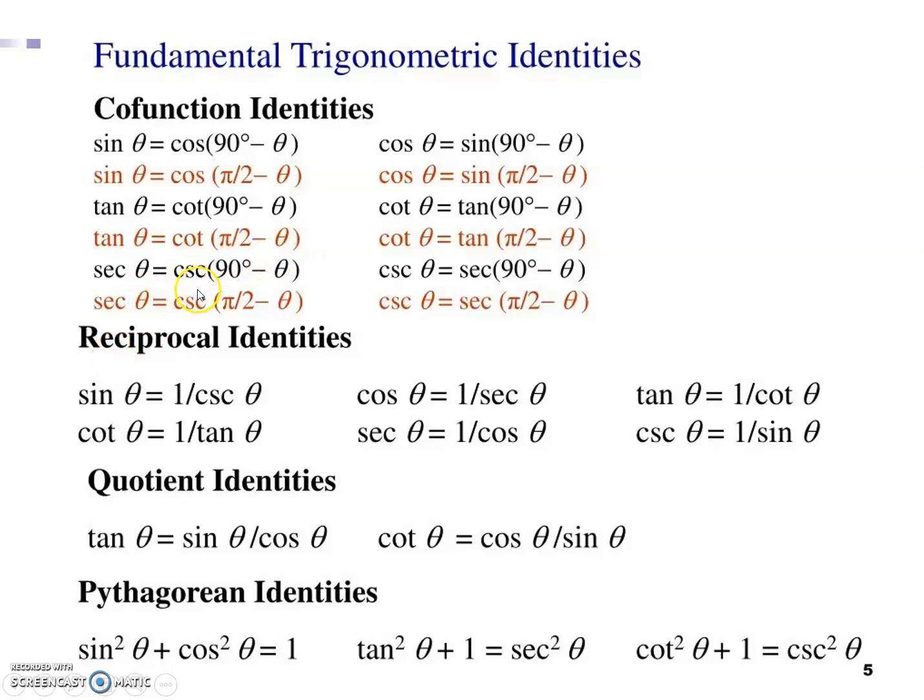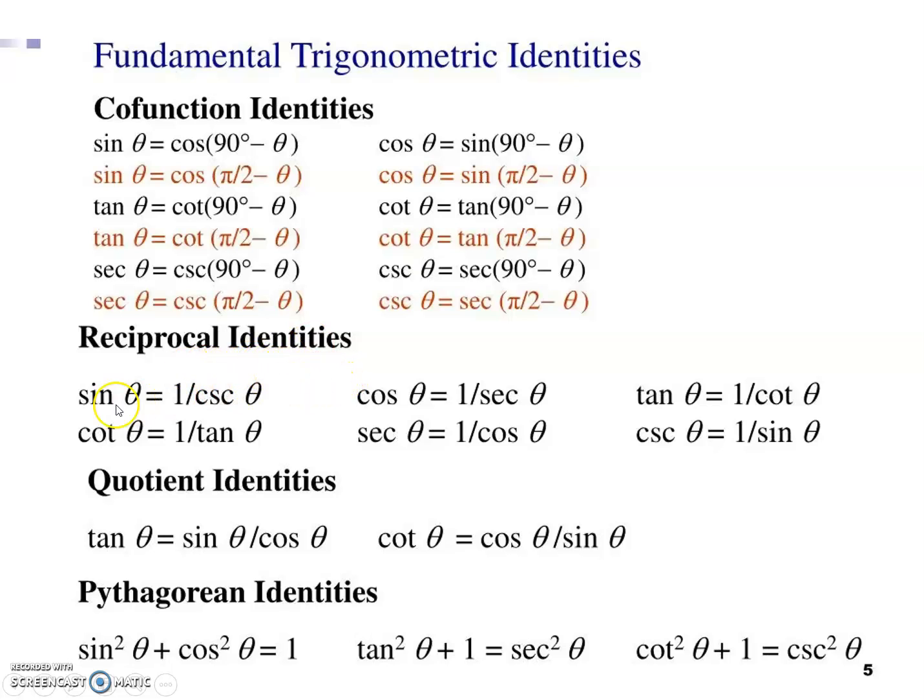Sec theta equals cosec of 90 minus theta, cosec of pi by 2 minus theta. Cos theta equals sin of 90 minus theta, sin of pi by 2 minus theta. Cot theta equals tan of 90 minus theta, tan of pi by 2 minus theta. Cosec theta equals sec of 90 minus theta, sec of pi by 2 minus theta.